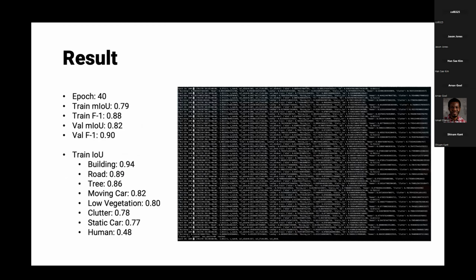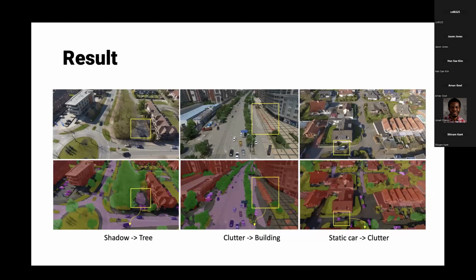For the results, I ran about 40 epochs. At the end of the training, I got the highest training IoU with the building class, while human scored the lowest. For visual analysis, I've brought some interesting figures here.